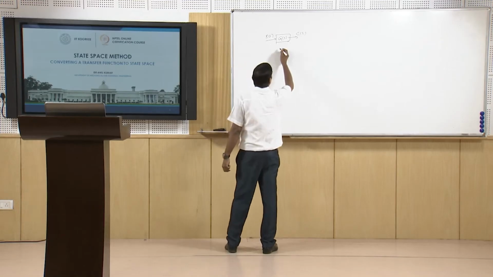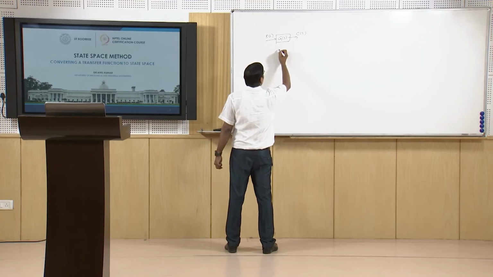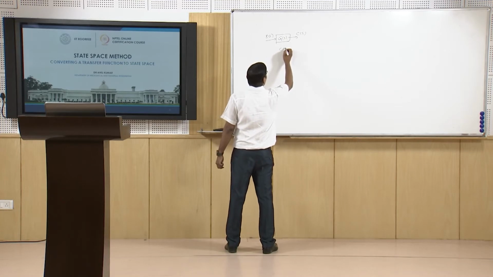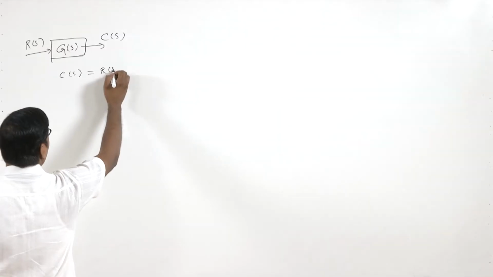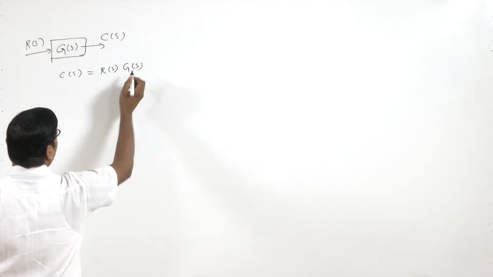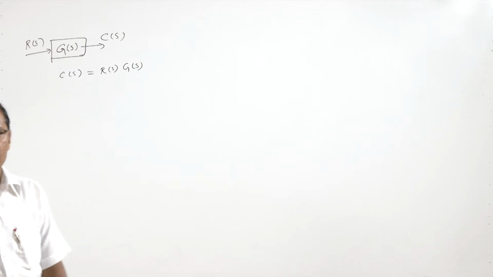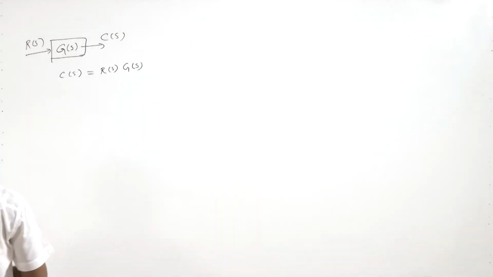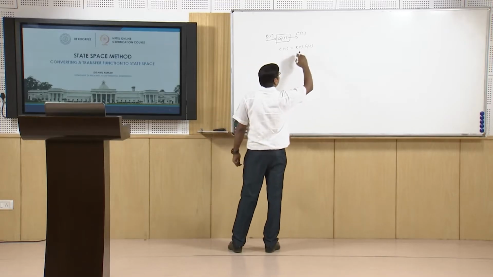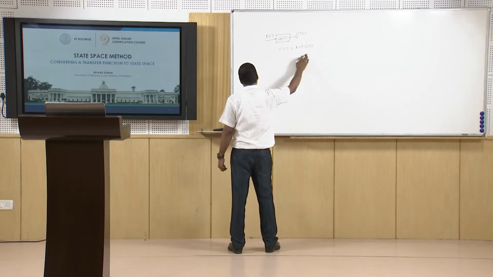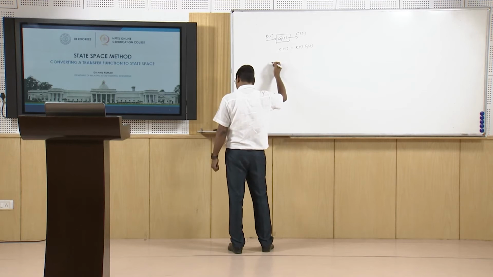Here Cs equals Rs into Gs, and we take the inverse Laplace transform and find the differential equation. We cross multiply the terms in numerator and denominator and we get the nth order differential equation.